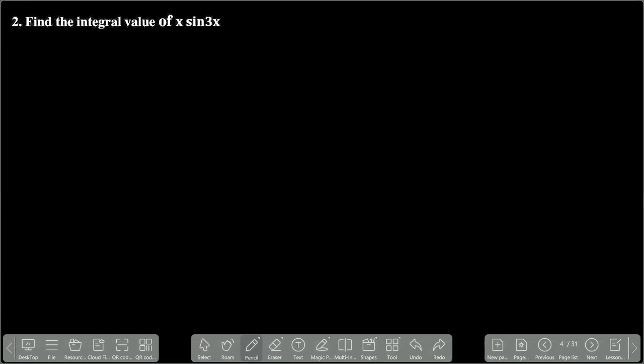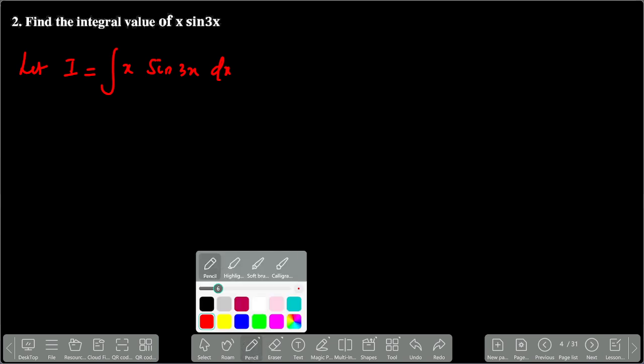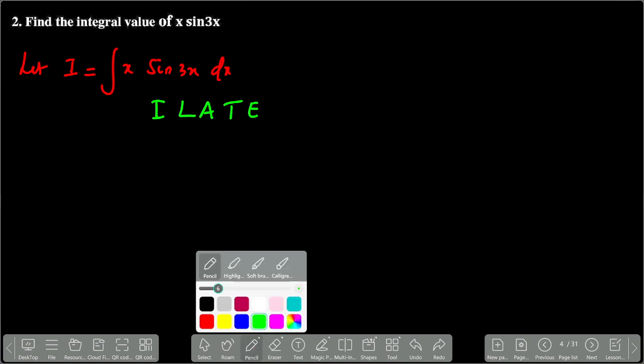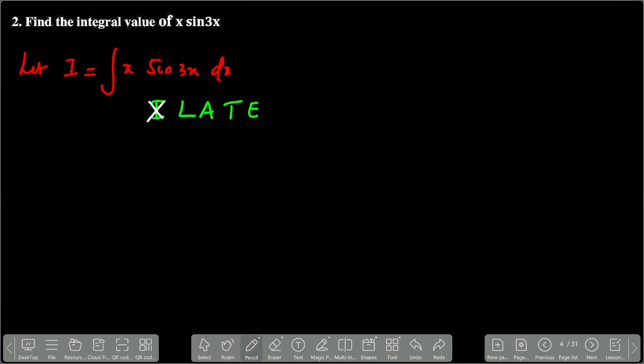Question number 2. Listen carefully, the same ideology. Now let I equal to integral x into sin 3x into dx. What I told you: when you get any function, write the letters ILATE. There is no inverse function, no logarithmic function.